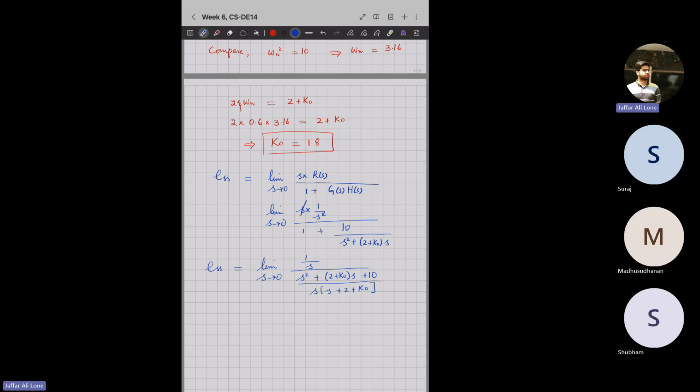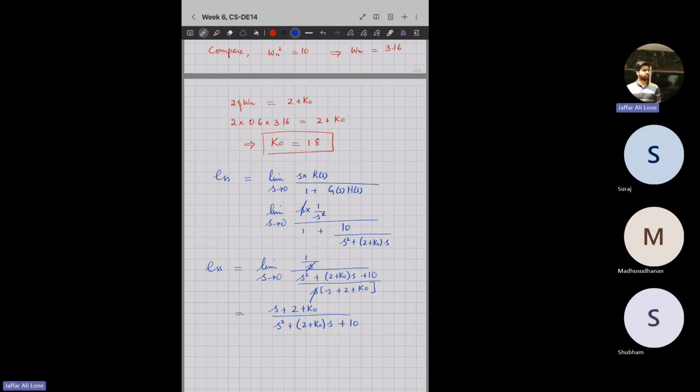This s and this s goes, and we can write it as s plus 2 plus k naught divided by s square plus 2 plus k naught into s plus 10.